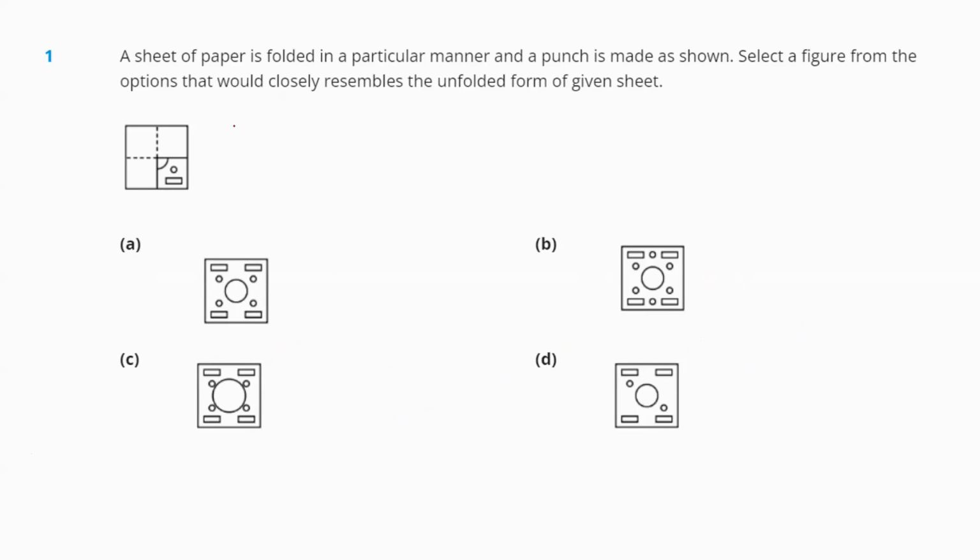Let's unfold it. This will be this, this will be this. This will come here, and this will come here, and this will come here. So answer A is the correct answer. Moving on to the next question.